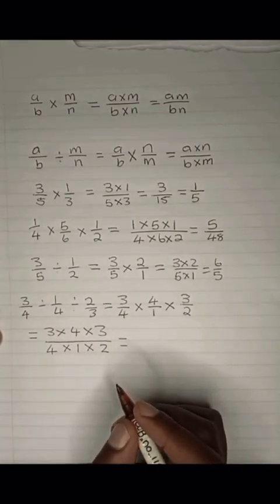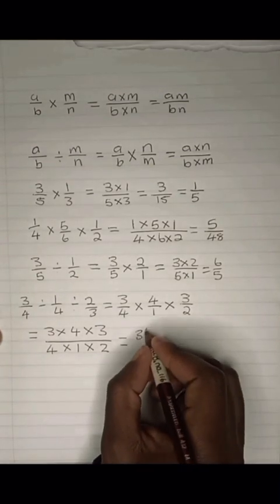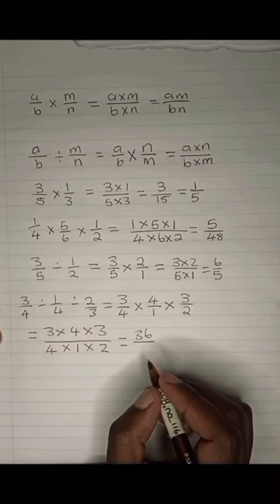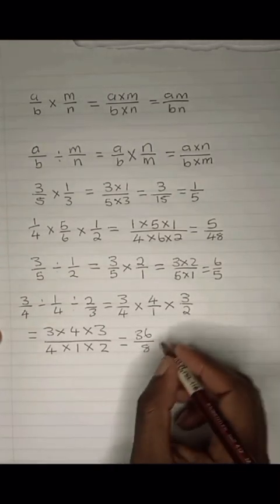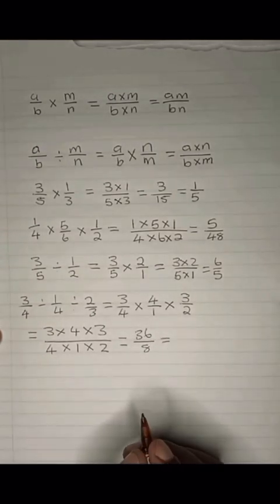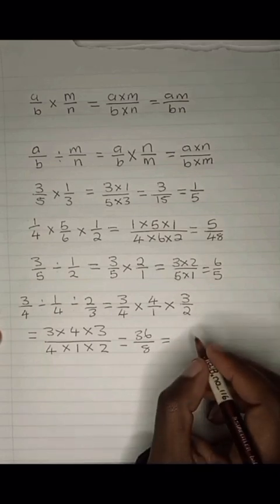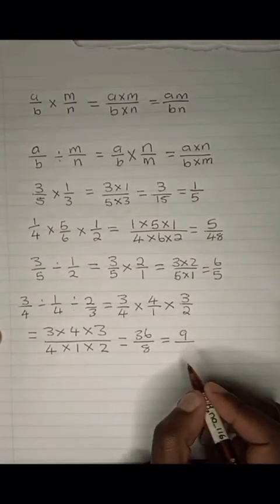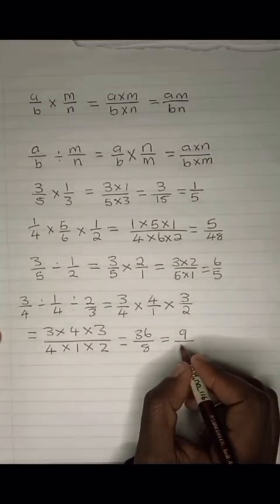So 3 multiplied by 4 multiplied by 3 is 36, all over 4 multiplied by 1 multiplied by 2 is 8. So this answer can be simplified because 4 goes into 36 9 times, and then 4 also goes into 8 2 times.